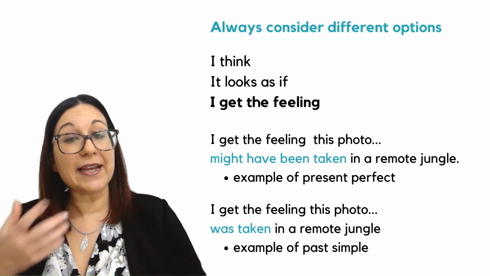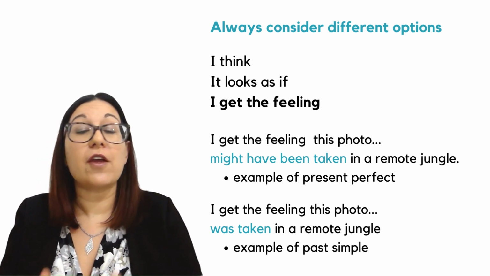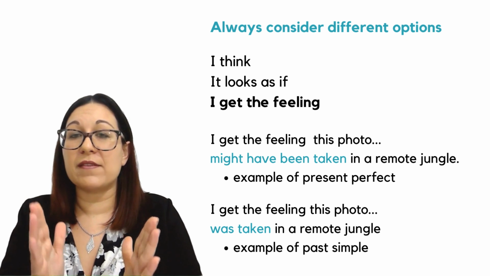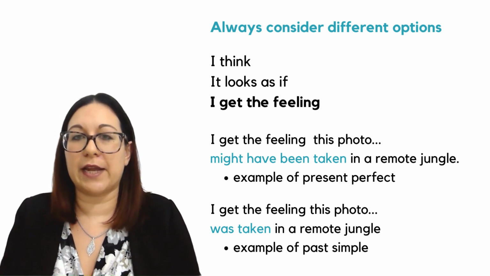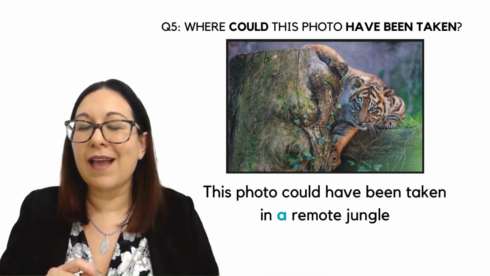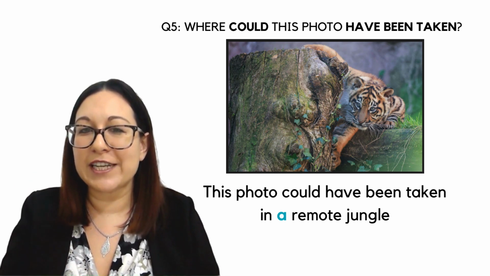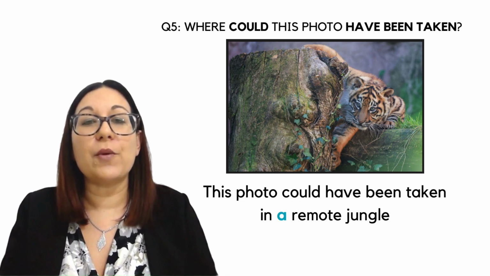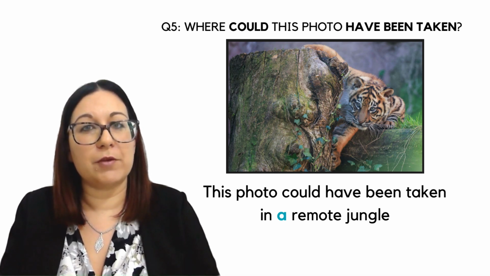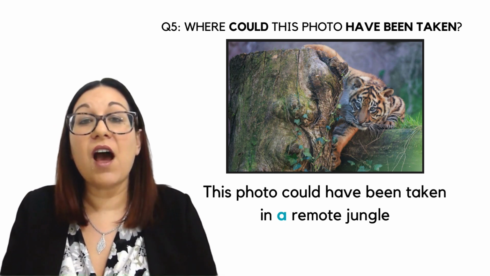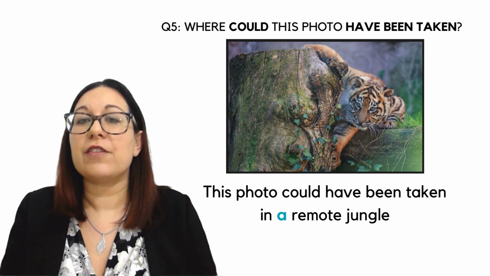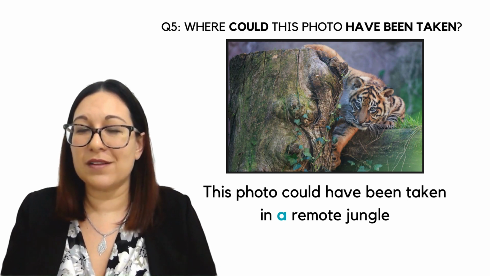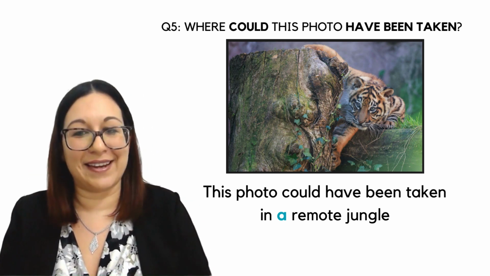So in the second part, I can just use the main verb, was taken. I don't need an extra modal. Notice how the article has now changed. I've added the adjective remote. So it's not the remote jungle, it's a remote jungle. There are many remote jungles in the world, and I'm using one as an example.